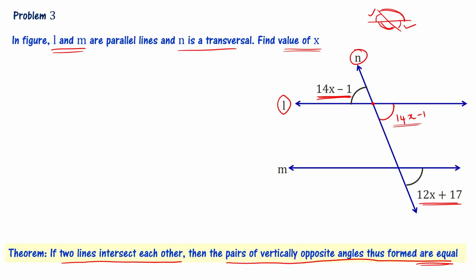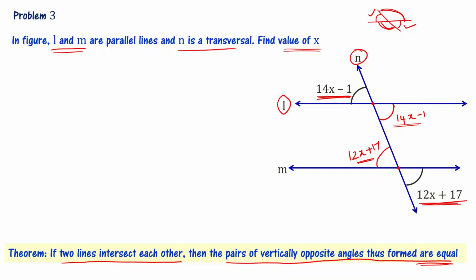is 14x minus 1. Okay. Similarly, here for this particular point, the vertically opposite angles are going to be 12x plus 17. These two are equal. Okay. Now the second point we have to remember is about the corresponding angles.